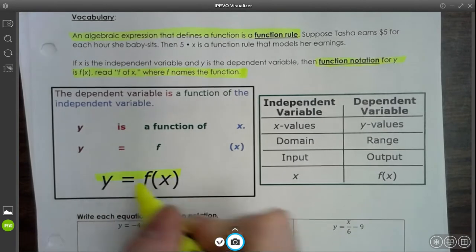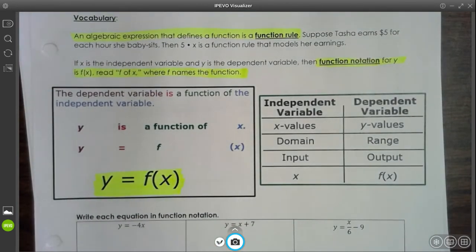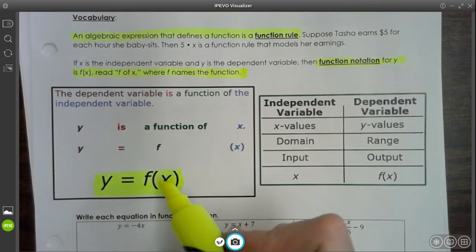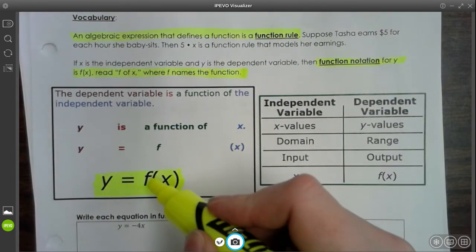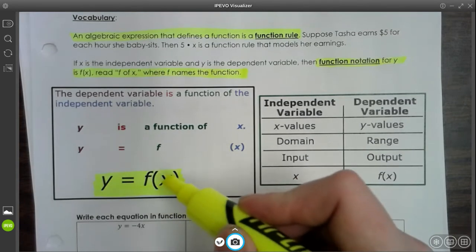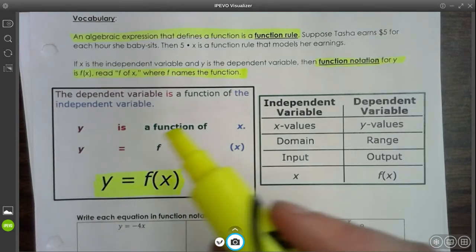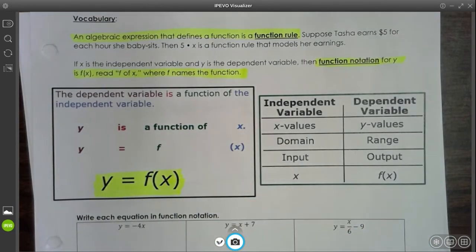Okay, y is the same thing as f of x. They're the same. We're just going to be replacing the y with f of x, which means the function in terms of x. So that means x is the variable that is our independent variable. Okay? So again, y and f of x mean the same thing.